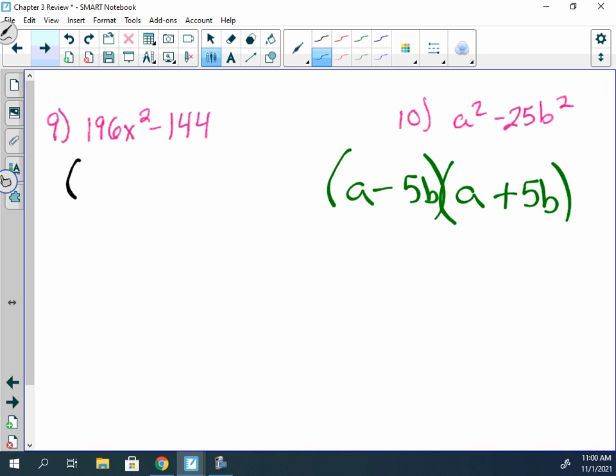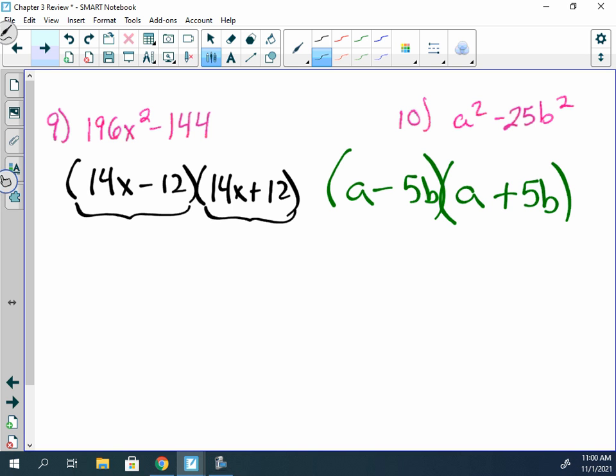Now number 9 would actually be 14x minus 12 times 14x plus 12, because 196 is 14, not 13. Looking at both of these here, is there a greatest common factor between 14 and 12? There should be. What number will go into both 14 and 12? 2, yeah, because they're both divisible by 2.